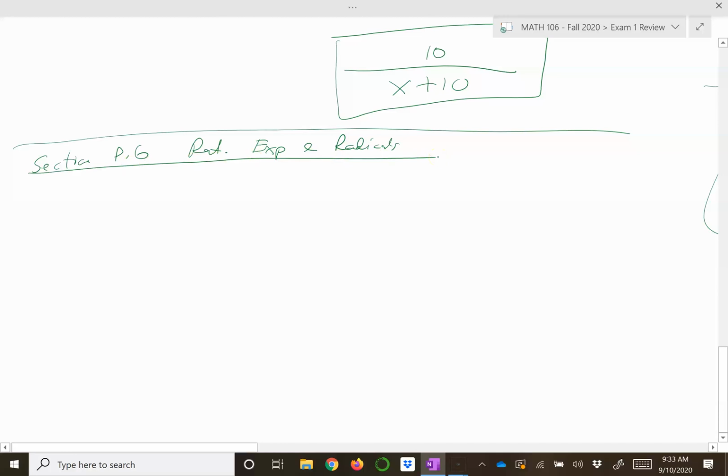Okay? So we learned about square roots, how they work. Again, probably a good review. Here was some good stuff. I gave you the product and quotient rules for square roots. Like if you had the square root of a times b, that's the same thing as the square root of a times the square root of b.